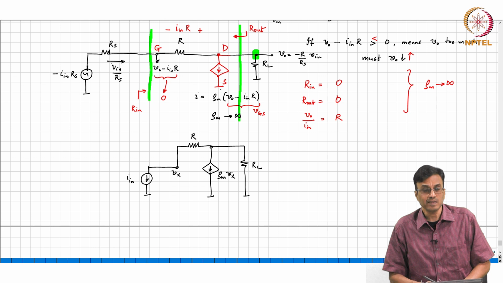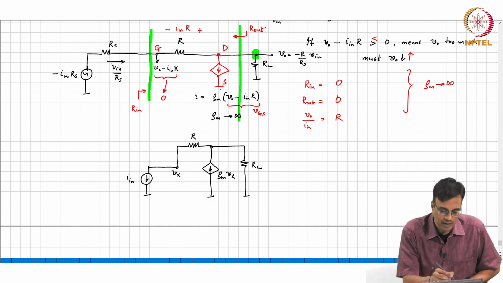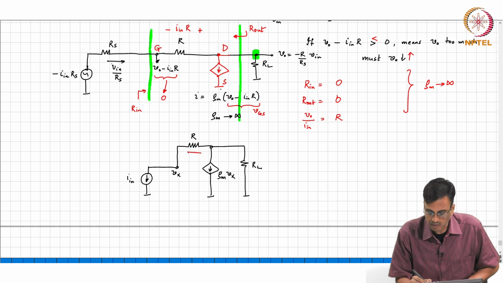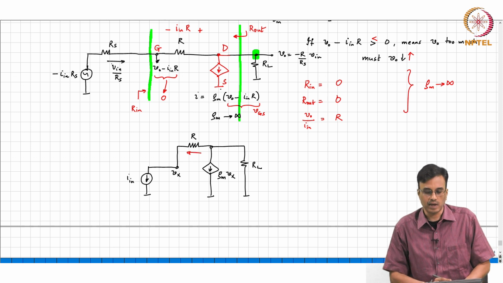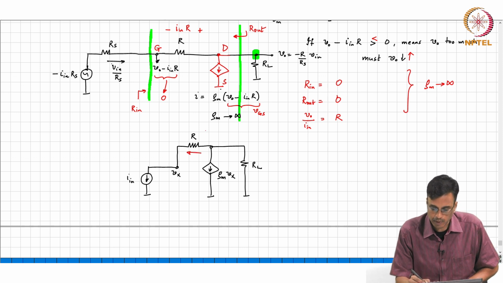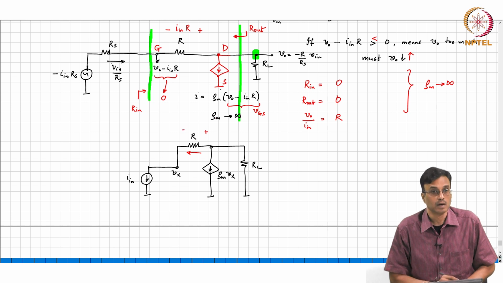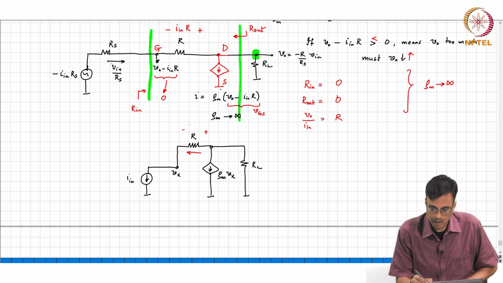That current remains In, regardless of what happens, because after all In is a current source. So what is the voltage drop across R? In times R.